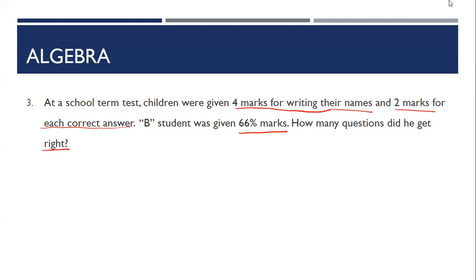So one says it is 31. Okay, so both say it is 31 questions. He has written 31 questions correctly. Okay, so let's see. Every child gets 4 marks for writing their names and 2 marks for each correct answer.